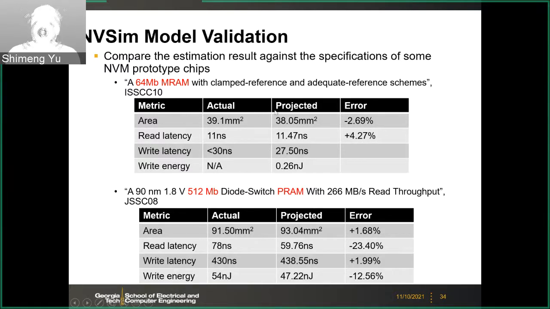The projected area is close to the actual area, and latency-wise it is also close. Another validation is against this 512 megabit phase change memory. There are some errors in some of those parameters, but without doing the actual tape out, you can project the performance by simply running this tool.